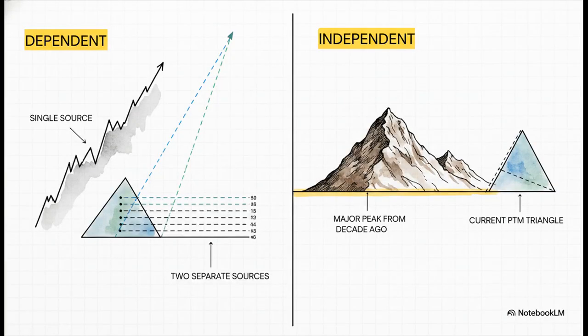But, and this is a really sharp point from the source, you gotta be careful. Some of these methods aren't nearly as independent as they seem. For example, both PTM and Fibonacci levels are often calculated using the exact same anchor to peak measurement. So of course they're going to be similar. Real confidence, true validation, comes when the PTM projections align with something totally separate, like a major market peak from 5 or 10 years ago that has zero mathematical connection to the triangle you just drew.